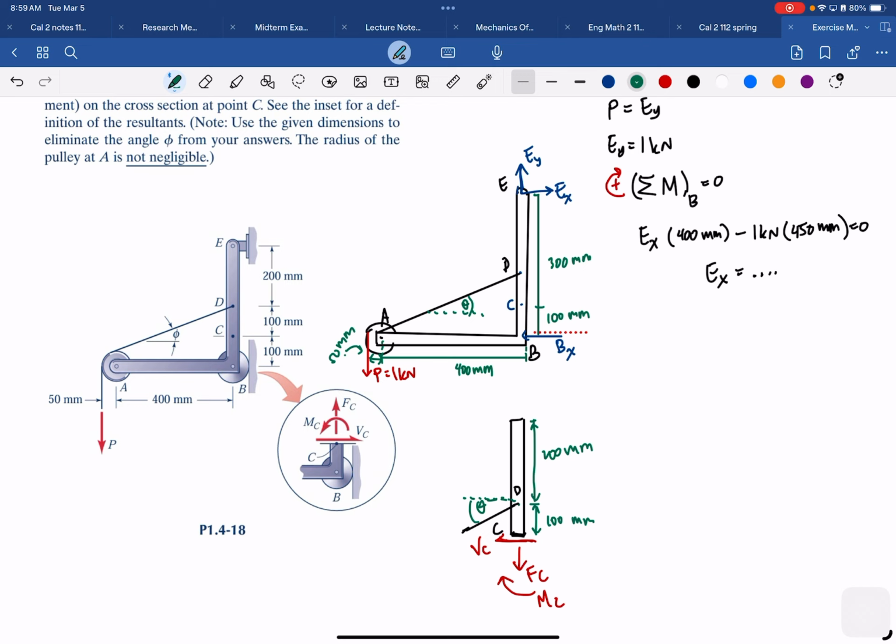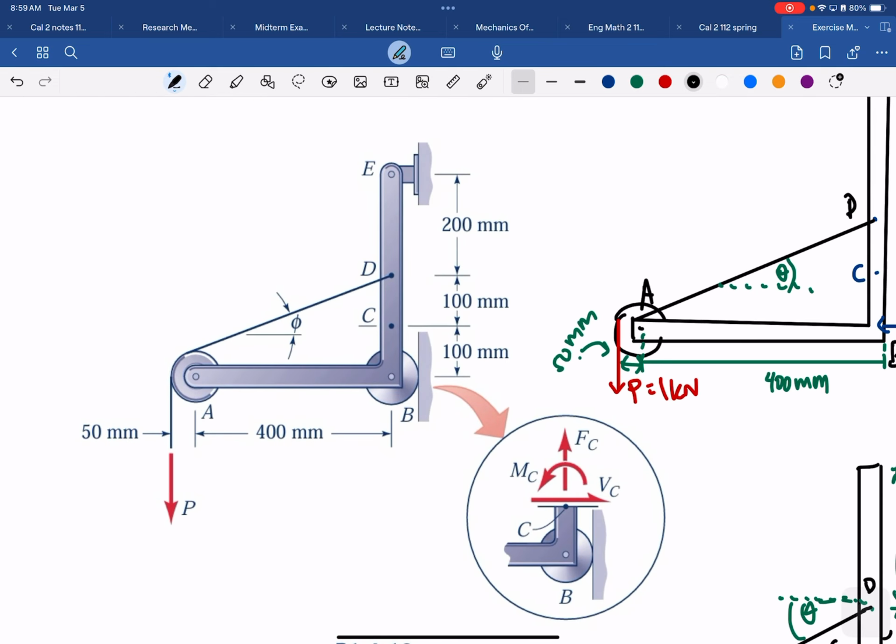We need to find the angle first by taking this, by taking here. So this will be that, okay, triangle.